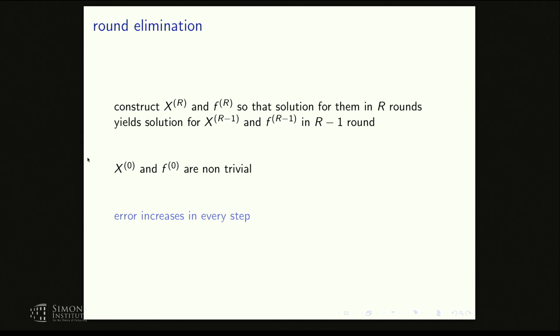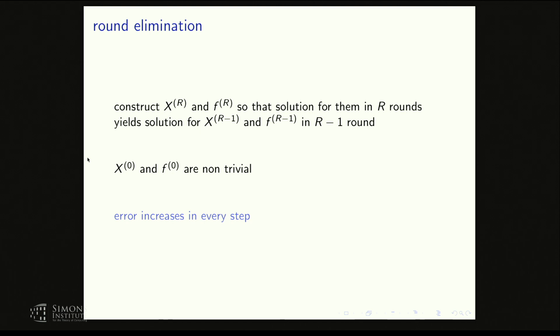We construct it in a specific way that allows us, from a solution for XR and FR, to get a solution for XR minus 1 and FR minus 1. This we need to do for the specific model we are interested in.